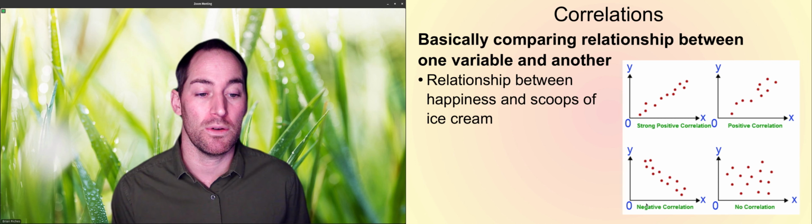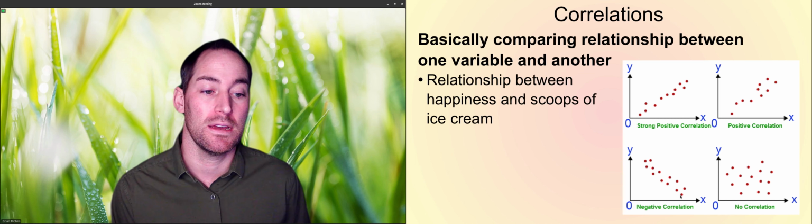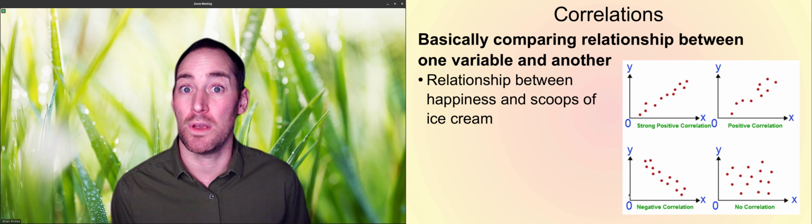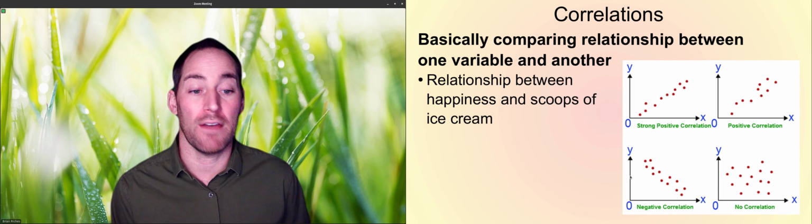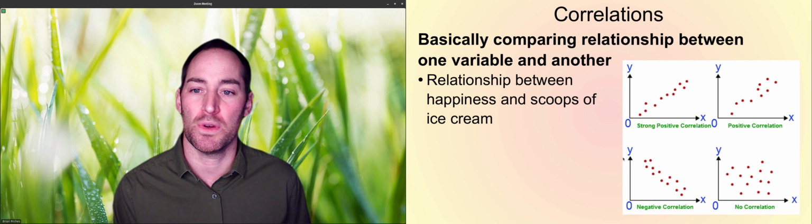Or maybe you get only 2 scoops of ice cream and your happiness score is 8. So you see, we've got 10 ice cream scoops related to maybe 1 happiness point, 5 and 5 right here, and 2 scoops of ice cream related to maybe 9 or 8 happiness points.